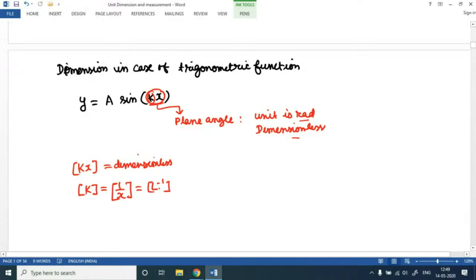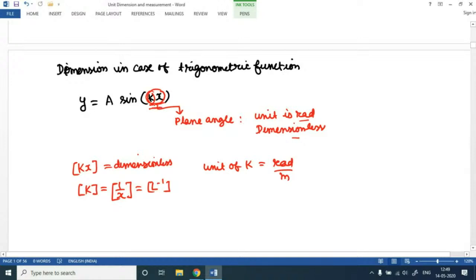And what would be its unit? The unit of k would be the same as the unit of x inverse, and since kx has unit radian, the unit of k would be radian per meter. So that is what we can say about this kx term.